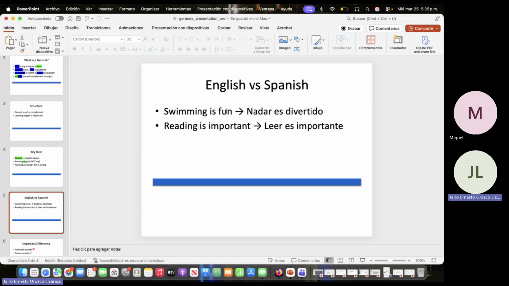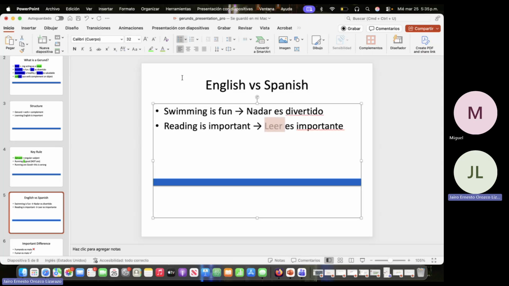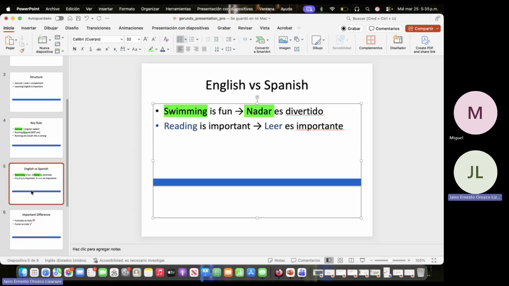More examples, swimming is fun, reading is important. So again, we are using verbs as subject, right? So swimming, nadar, reading, leer. We are using it as subject.